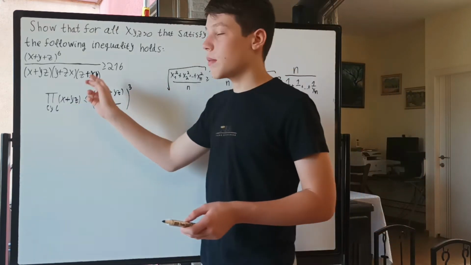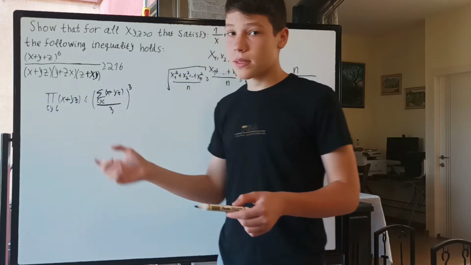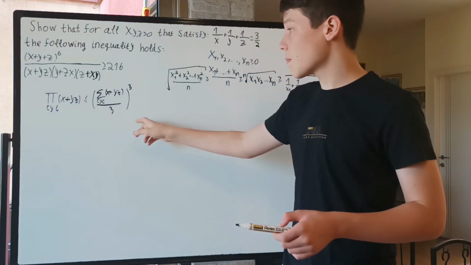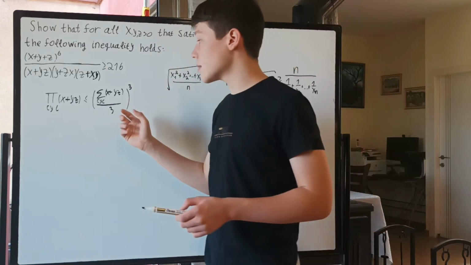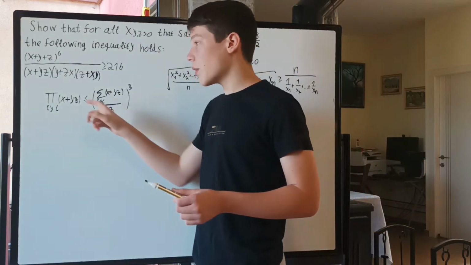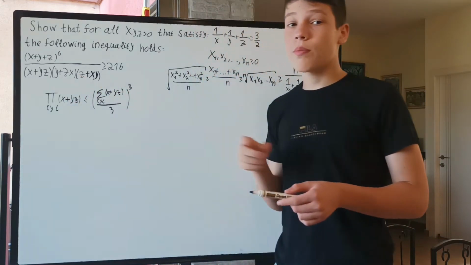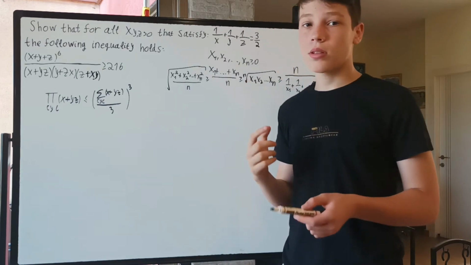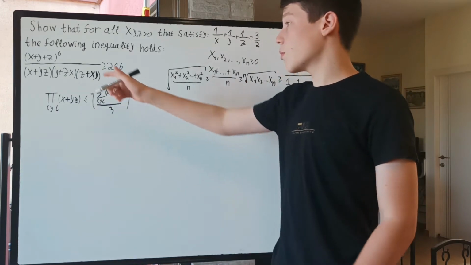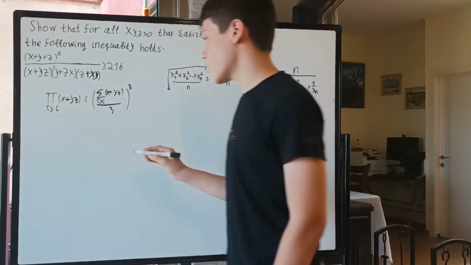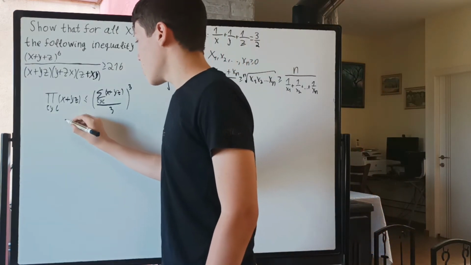But this is in the denominator, meaning that (x plus y plus z) to the 6th power divided by this is bigger than or equal to this. So if we prove that this term is bigger than or equal to 216, then we would have proved that the original is bigger than or equal to 216.